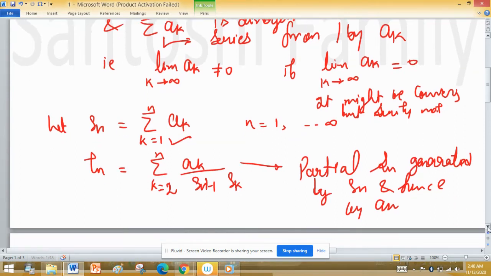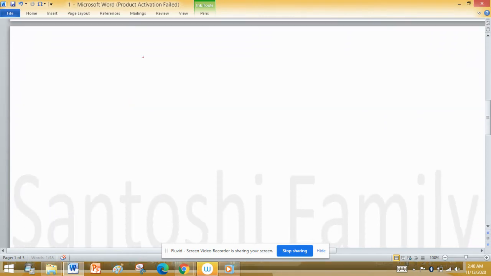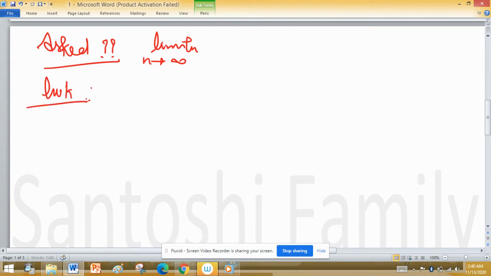Now, what is asked? The limit of Tn as n tends to infinity is asked from us. So look, Tn is defined as summation ak divided by sk minus 1 sk.